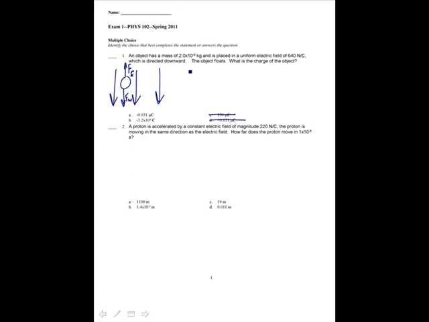And then to find out, we say QE, which is the force due to the electric field, is equal to mg, and we want to know the charge, so charge is mg over E. That is 2 times 10 to the minus 6 kilograms times 9.8 meters per second squared divided by E, which is 640.